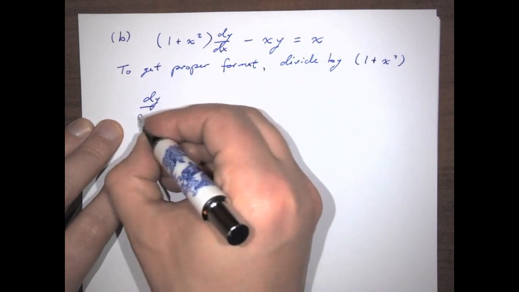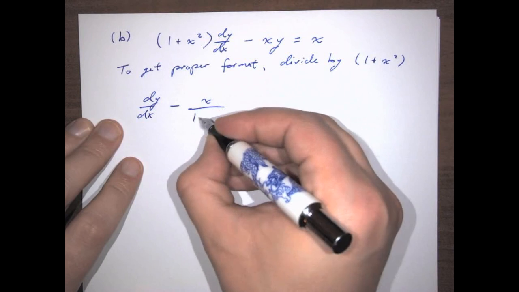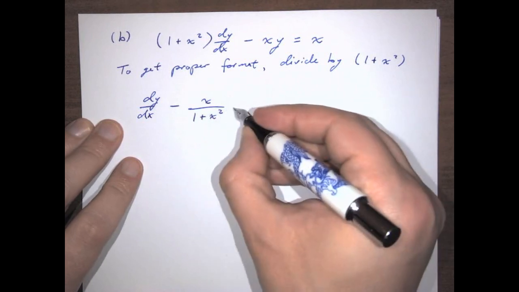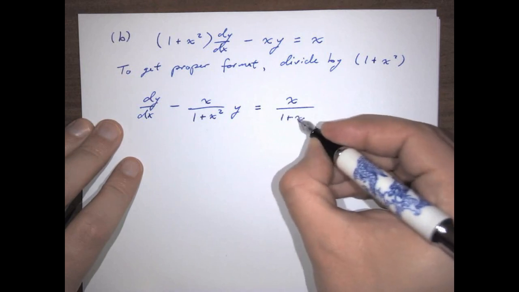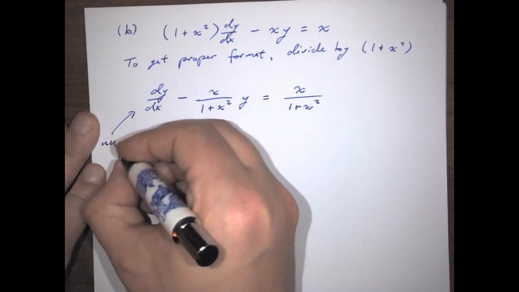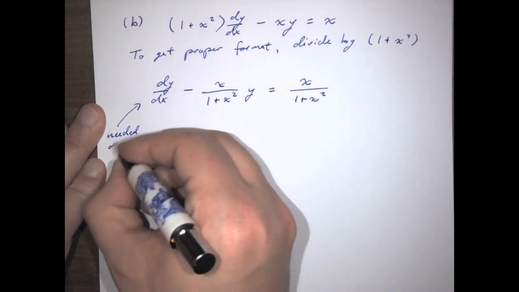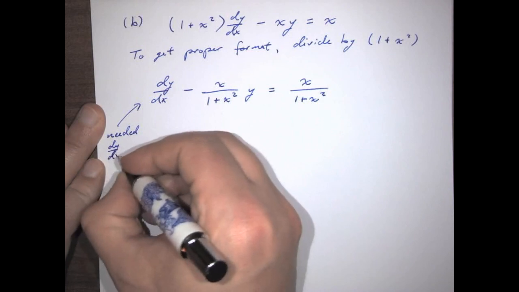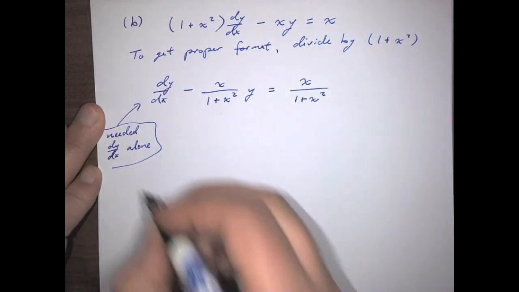So dy dx minus x over 1 plus x squared y equals x over 1 plus x squared. So we needed dy dx alone. That's why we did that.